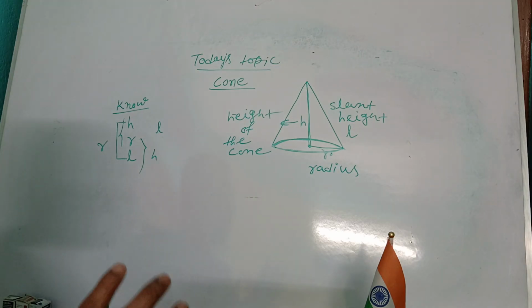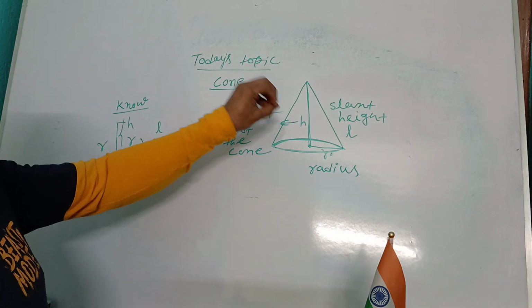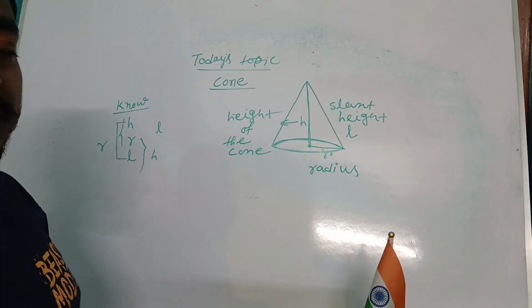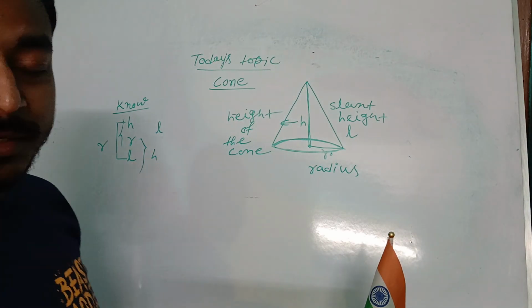For example, maybe the curved surface area or the volume is given. So just be careful: whenever some data is given, we have to utilize it to find the value of an unknown quantity. It is the trick.